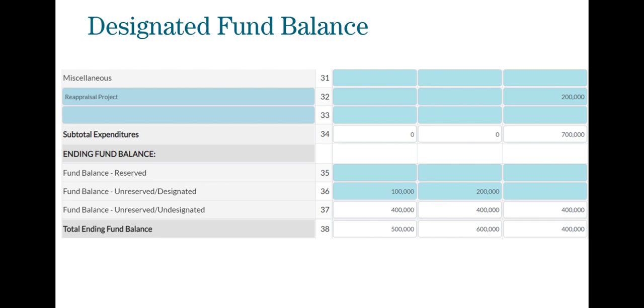So when we describe our ending fund balance, we describe some of it. Reserved is usually not applicable to you folks because it's money that is reserved, sort of set aside by law for a particular reason. So that's really not typically what we're talking about here.